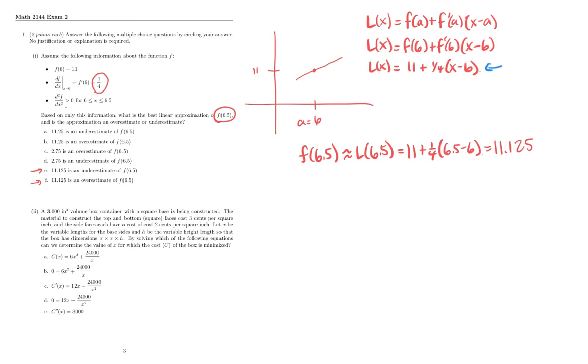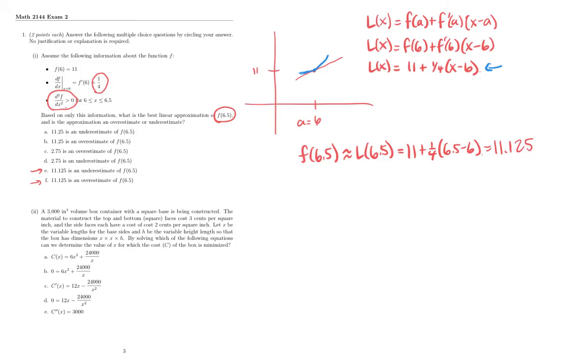And so the question is, is it an overestimate or an underestimate? Well, I'm going to use this information that I know about the second derivative. The second derivative tells me that the actual function is concave up here. So it goes through that point I know, but it's concave up. Because that function is concave up, I can see that the function is going to be above the linearization as I go to the right.